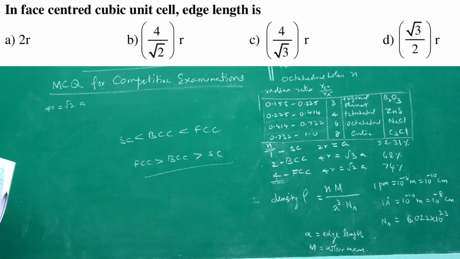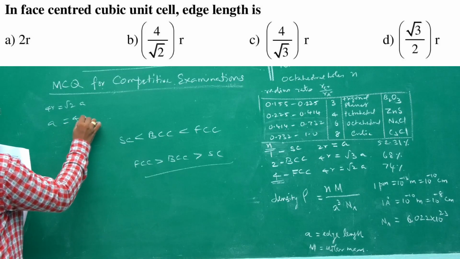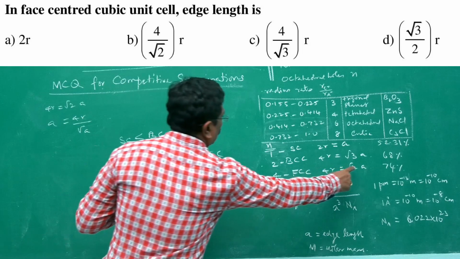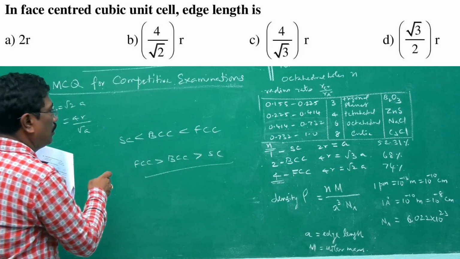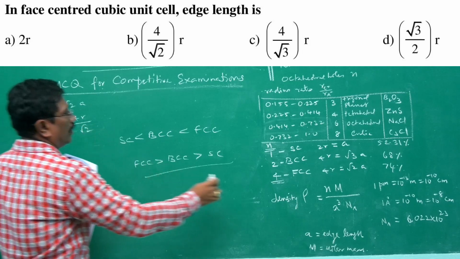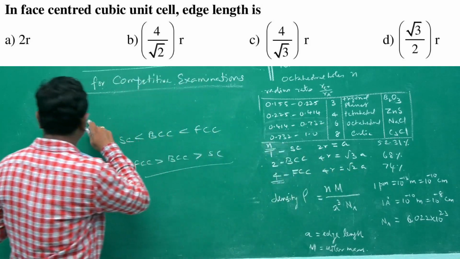They have asked the edge length. a is equal to 4r by root 2. a is equal to 4r divided by root 2.